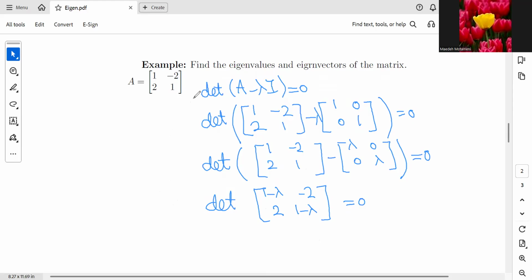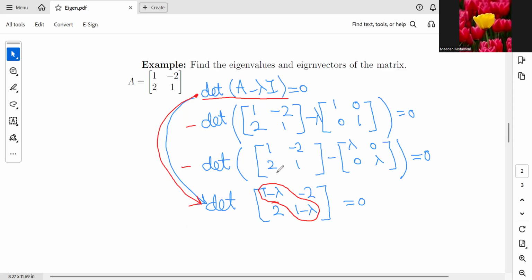So we can jump from here to here to see that always, in order to find this equation, we're going to only subtract the diagonal of the given matrix by lambda. So you can skip this part and just start with this equation and then write that as you see here.